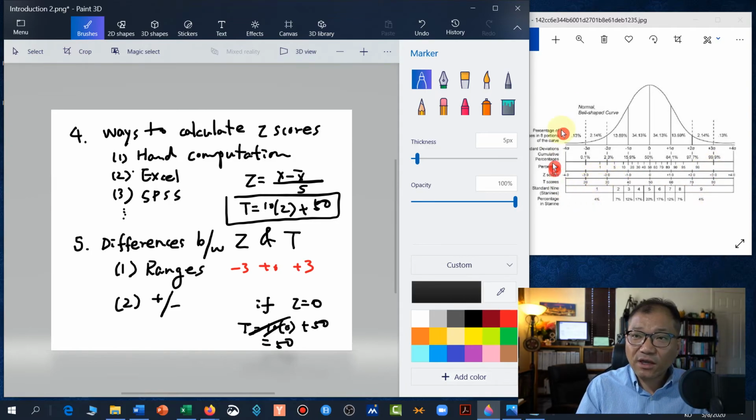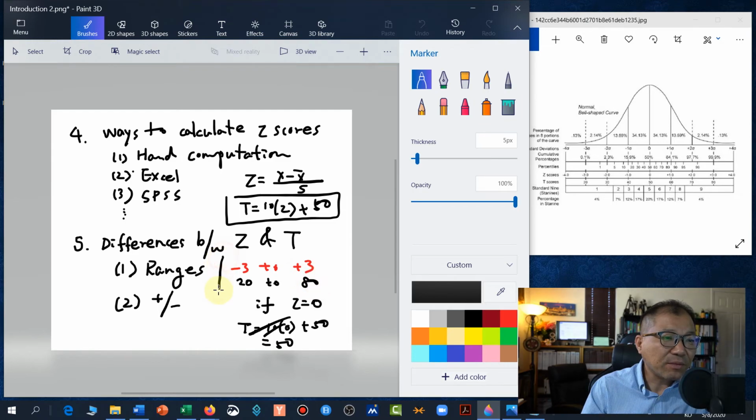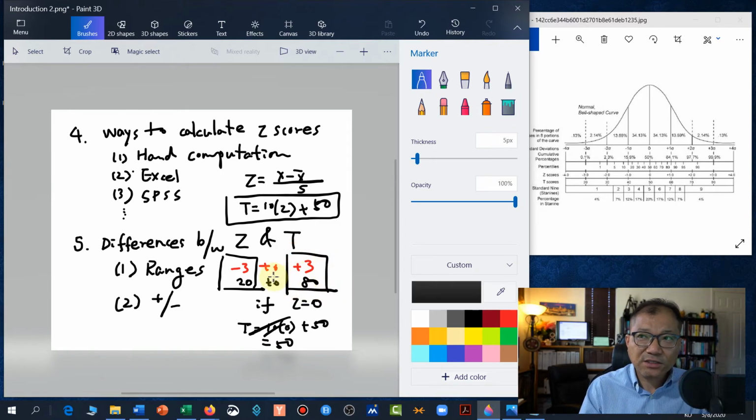So using this table, you can see a Z score ranges from -3 to +3, and T score will range from 20 to 80. So remember, typically Z scores will range between -3 and +3, and T scores from 20 to 80. Right, so that is the difference in terms of their range.